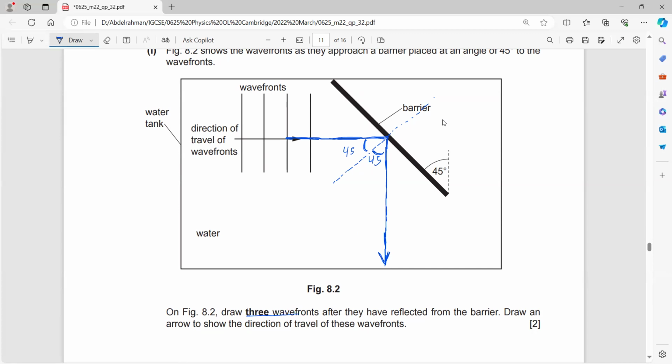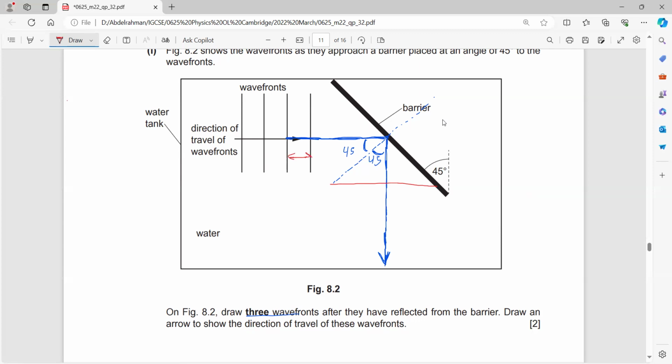What's this thing that I drew? This is just the direction of the motion of the wave. That's why I drew an arrow facing downwards. Where are the wavefronts? The wavefronts have to be perpendicular to this direction of motion. I have to draw 3 wavefronts which are perpendicular and have the same distance between them.